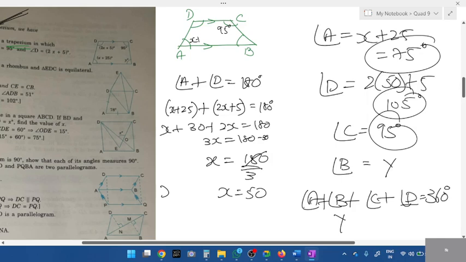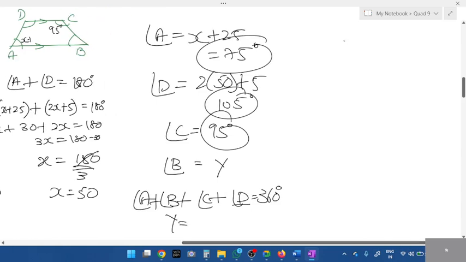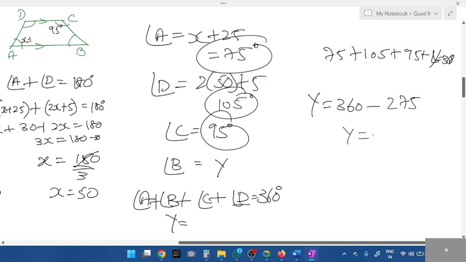Why is nobody responding? y is equal to 85 degrees. All of you understood how to solve? 85 degrees, students.